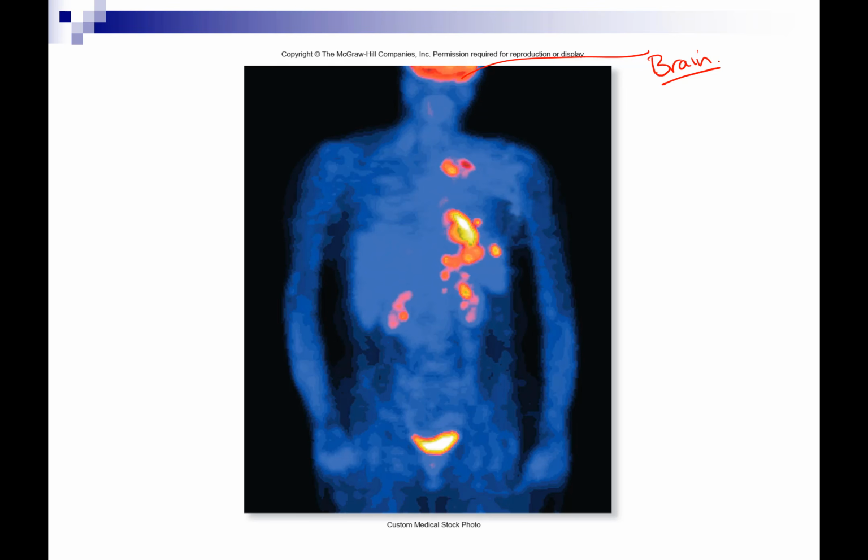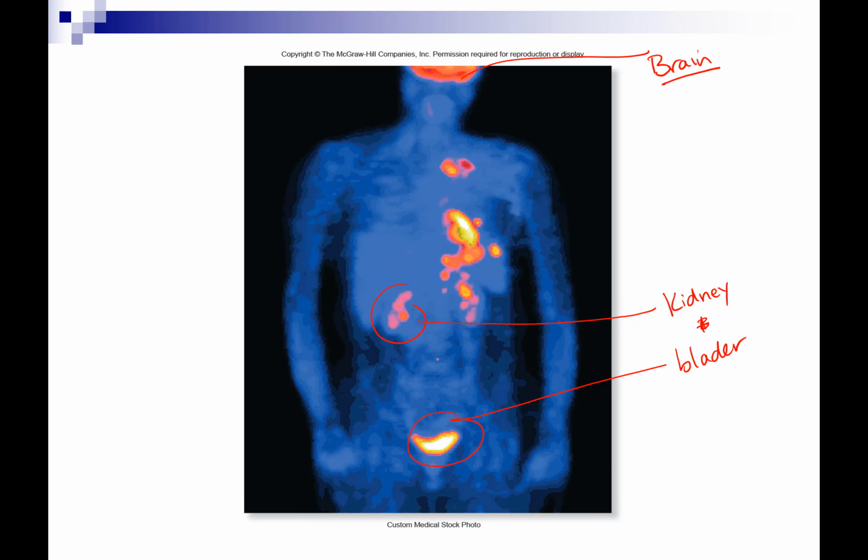So your brain is using lots of energy, so the radioactive glucose will accumulate there. This is the person's bladder, and this is the person's kidneys. And those two organs are processing the radioactive glucose.